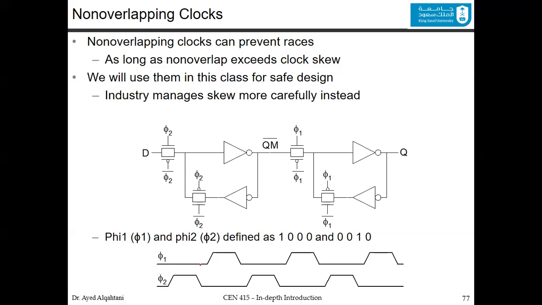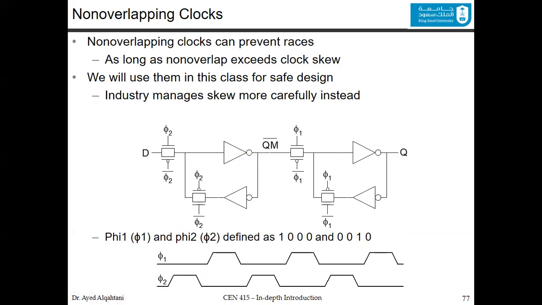Notice that in this region, phi 1 is equal to 1, and phi 2 is also equal to 1. Because of this, we call them non-overlapping clocks. If they overlap, it's a behavior that we don't want to see. We don't want both phi 1 and phi 2 to be in the transparent case. If they are both transparent, then the D will move all the way to the Q, and everything will be a mess.